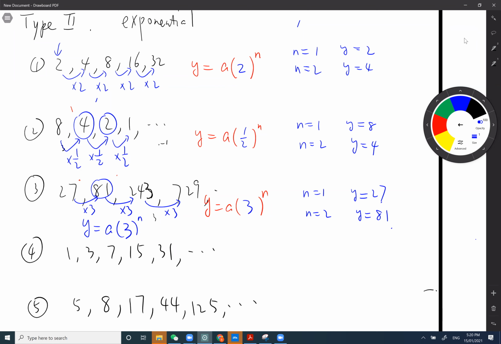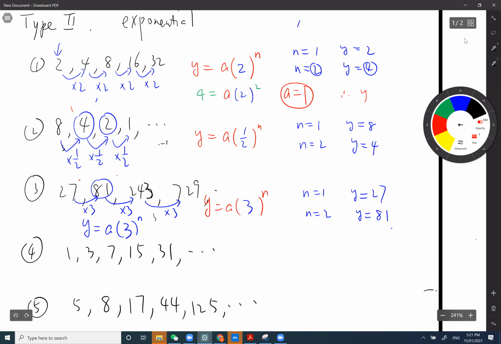Now, how do we determine a? We just substitute the value. If you use this one, we get 4 equals a times 2 to the power of 2, where n equals 2. So a equals 1.